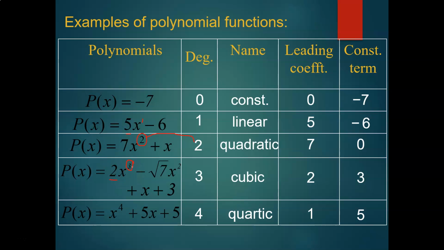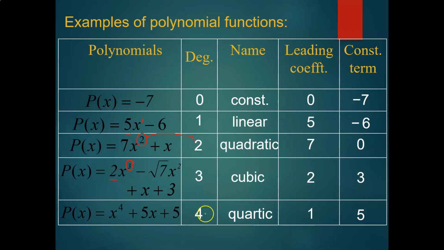Once you have the highest power of x, you refer back to what is the coefficient in front of it. So the coefficient in front is 2. So you have 2 as the leading coefficient. And how about the constant? Constant is 3.